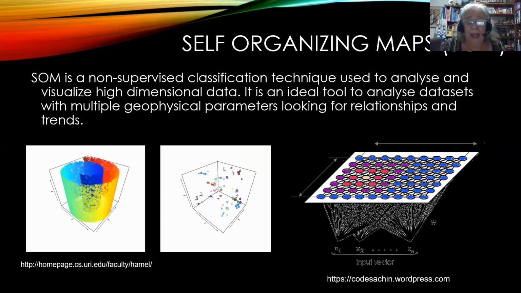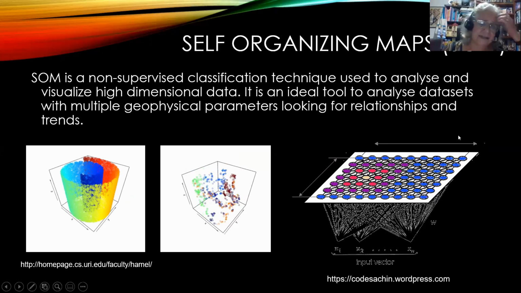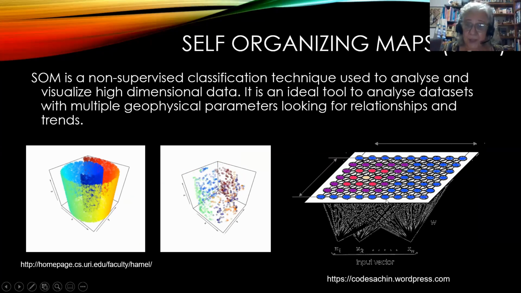I have been using SOM, the self-organizing map, that is a non-supervised classification technique to analyze and visualize high-dimensional data. It's an ideal tool to analyze data sets with multiple geophysical parameters, looking for relationships and trends.